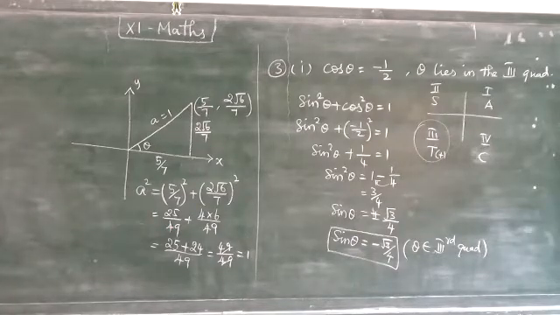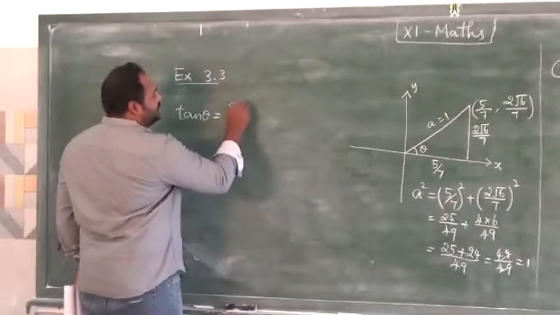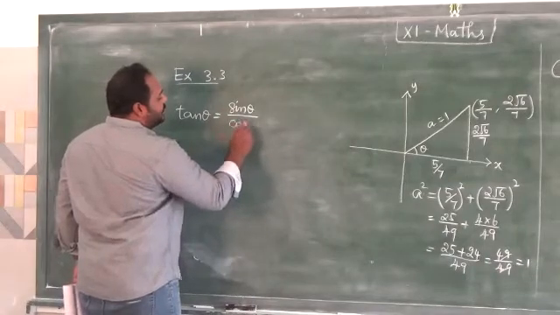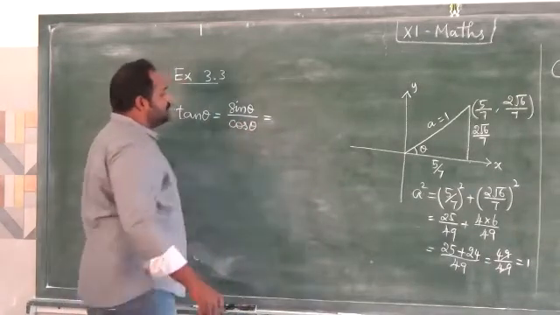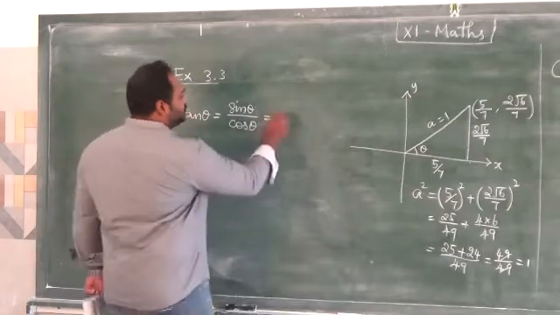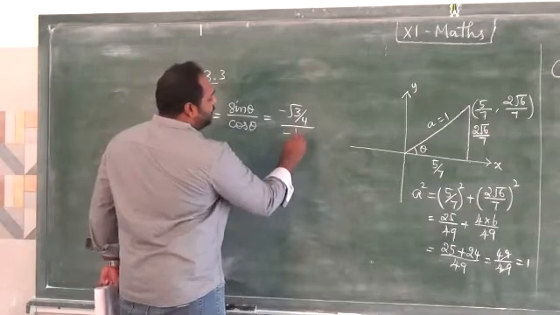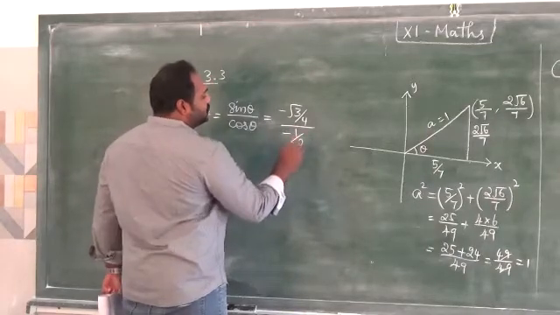Next, sin and cos are already there. Tan theta we know is sin theta by cos theta. What is sin theta value? Root 3 by 4 by minus 1 by 2.